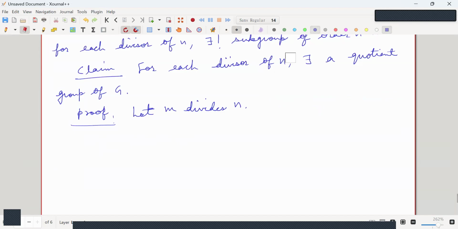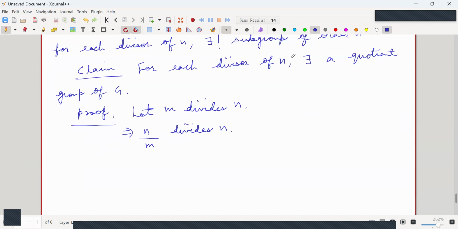Since m divides n, n by m is an integer, and this also divides n because this times m is just n. For example, if 2 divides 6, then 6 by 2, that is 3, also divides 6, and that is 2 times. Clear?